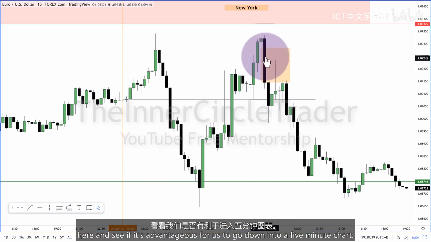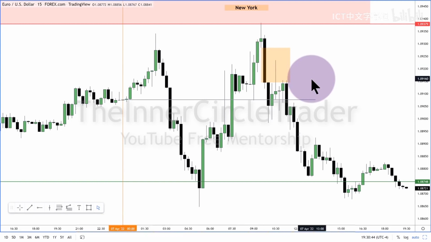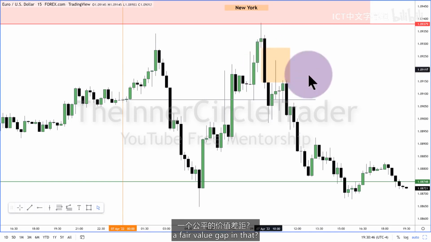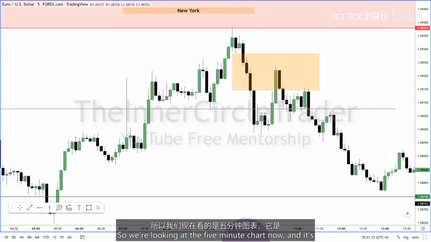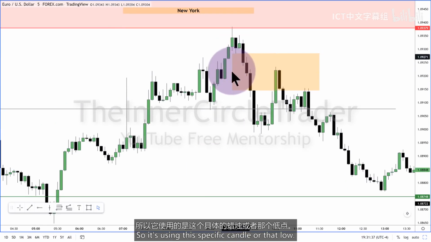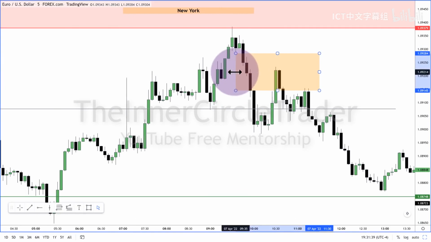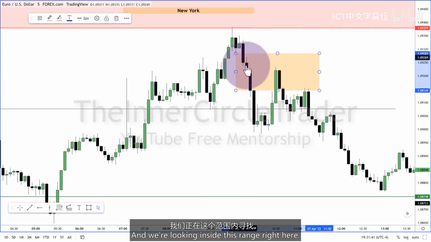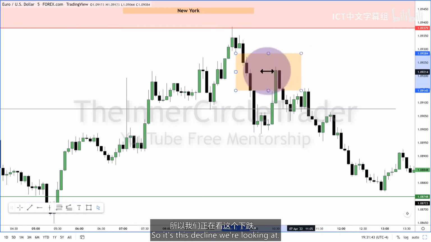So we're going to look inside this range here and see if it's advantageous for us to go down into a 5-minute chart. And does it have a fair value gap in that? All right, so we're looking at the 5-minute chart now, and it's that shaded area here. So it's using this specific candle, or that low. And we're looking inside this range right here. So it's this decline we're looking at.